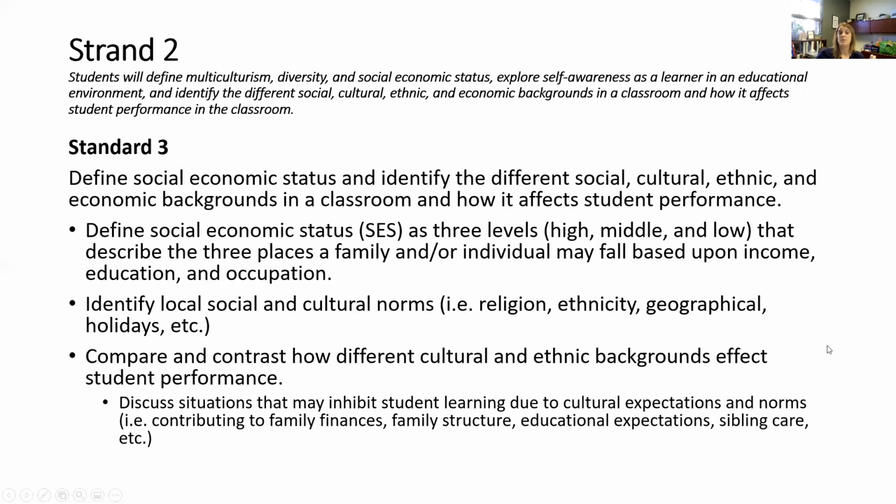Standard 3 deals with the socioeconomic status, and they identify the different social, cultural, ethnic, and economic backgrounds in a classroom and how it actually impacts and affects students' performance. So you're going to look at the socioeconomic status within different areas and how that impacts education. It's kind of fun to talk to people about how they feel socioeconomics affects education, because you get both sides.